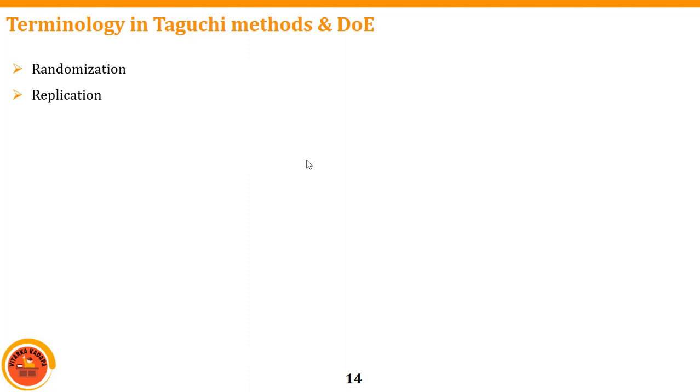Replication. Replication means we have to conduct the experiment two or three times to check the accuracy or to check the variance of that experiment. Repetition is different from replication. Replication means we conduct the same experiment with the same set of values multiple times, and we check the output also.